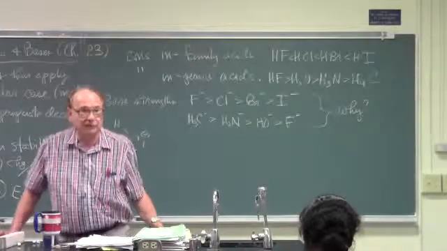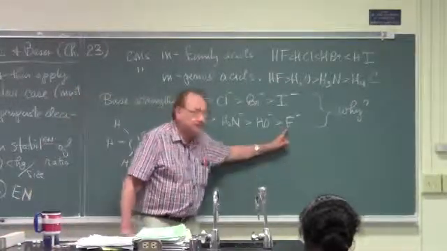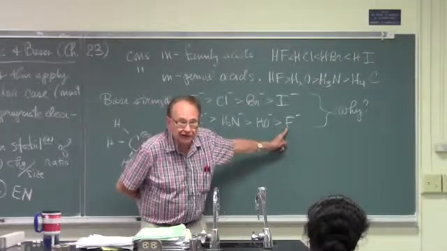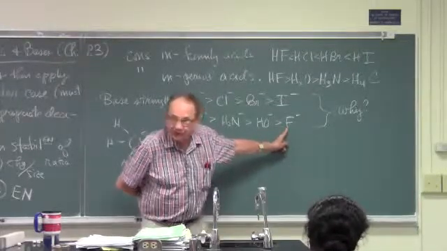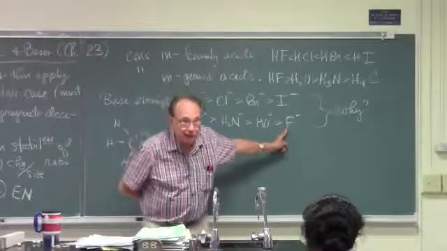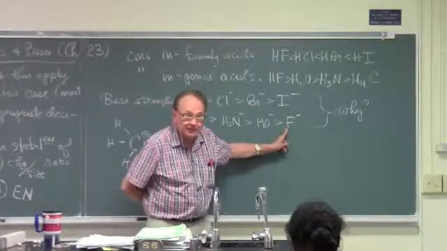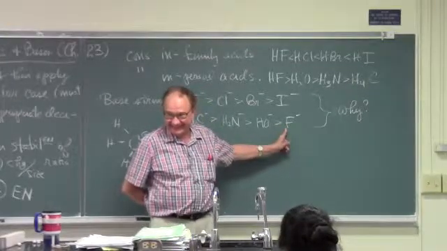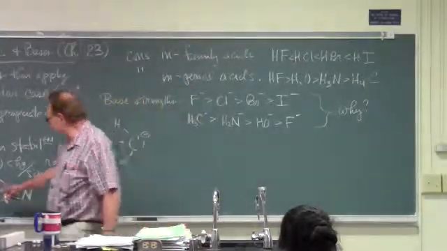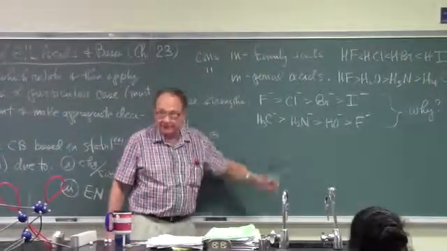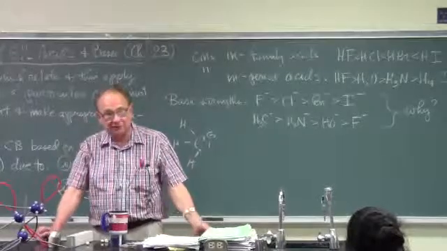So based on charge to size ratio, I expect this to have the, fill in the blank, greatest or smallest negative charge density? Greatest. It's smallest. Does that fit the facts? Is this the strongest base? No. So forget the application of factor number 1 to rationalize this pattern. So you got to learn how to make good decisions here.